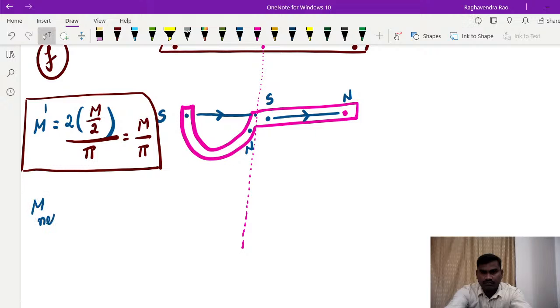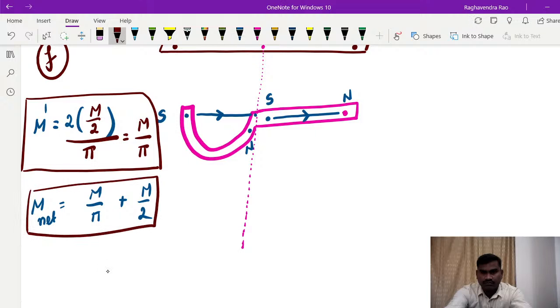Directly we can add, no? Both are in the same direction. So m by pi plus m by 2. We can add directly. This part's magnetic moment is m by pi, this part's magnetic moment is m by 2.